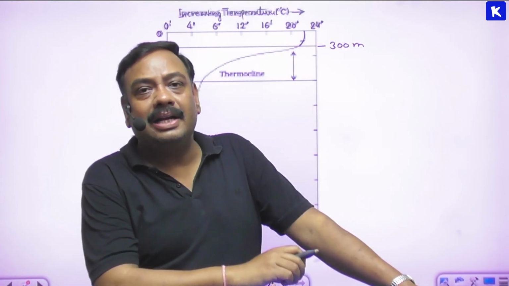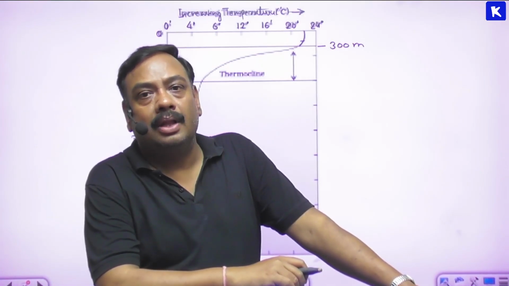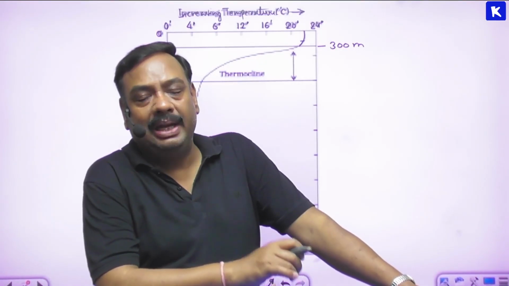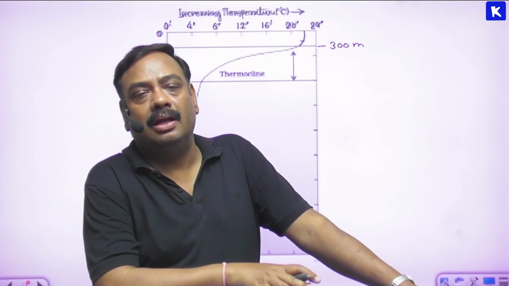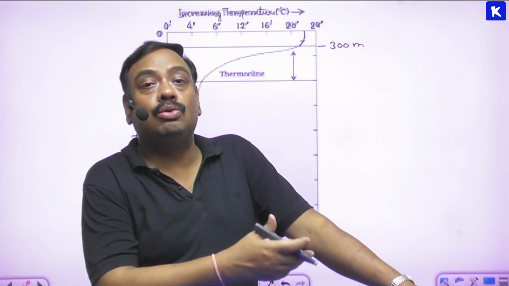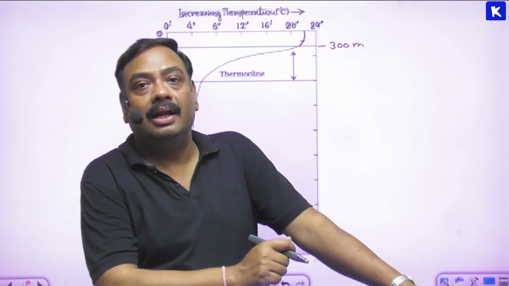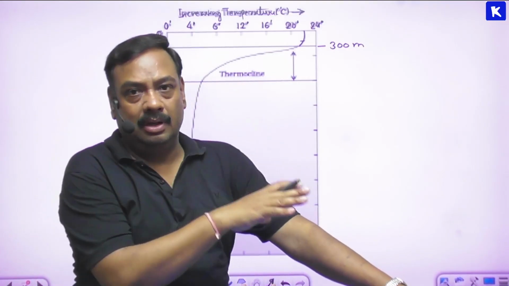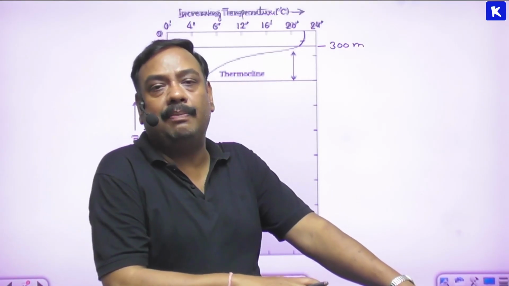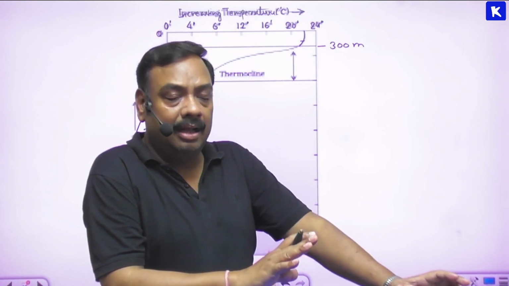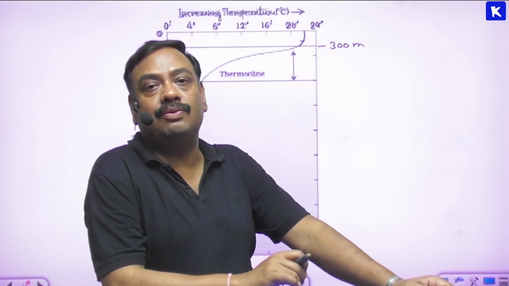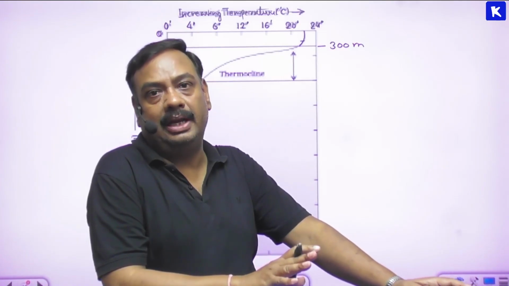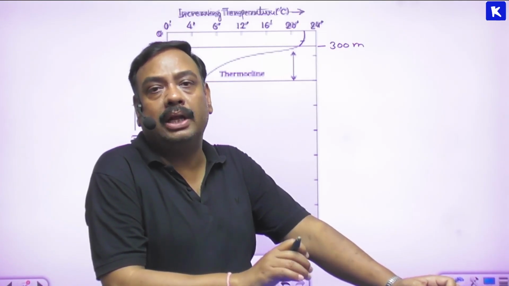When the incident solar radiation penetrates the sea surface and goes beneath it, it provides two things. One thing is what? It illuminates the region below the sea surface up to a certain depth. That region is illuminated, and that is why it has been given the term photic zone.